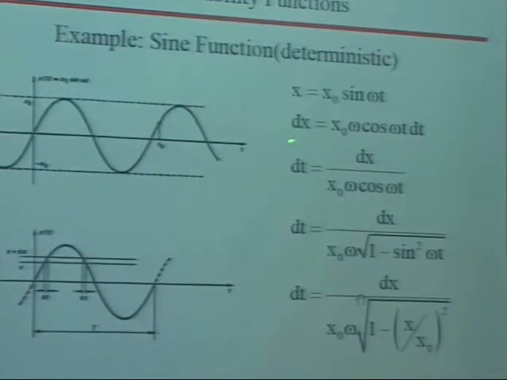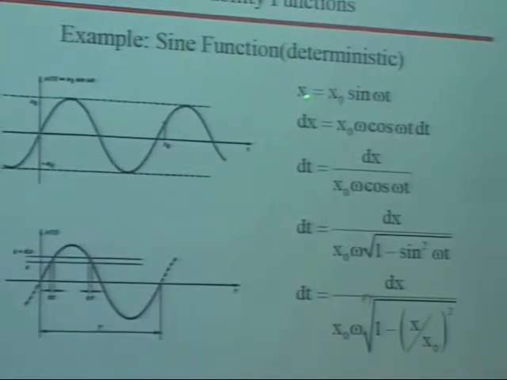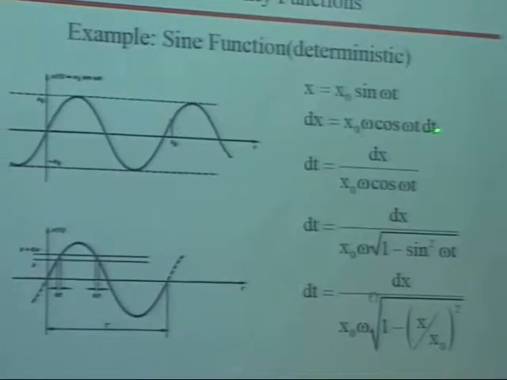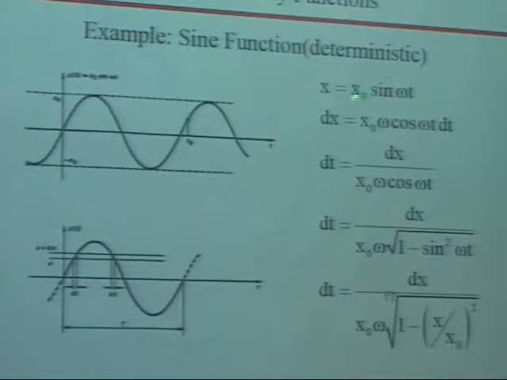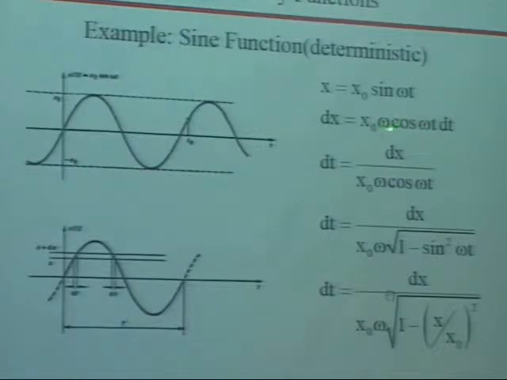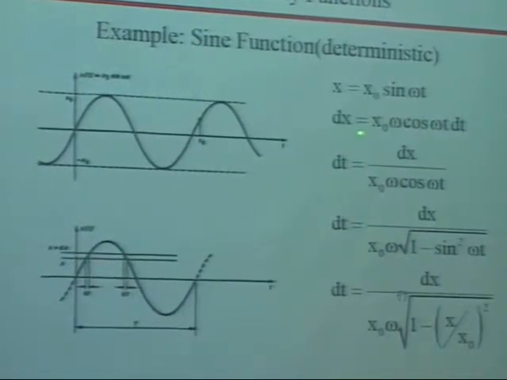I'm going to differentiate with respect to the time t. So dx over dt is x naught omega cosine omega t, which is positive. So dx is x naught omega cosine omega t dt.